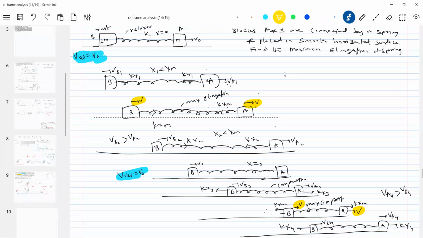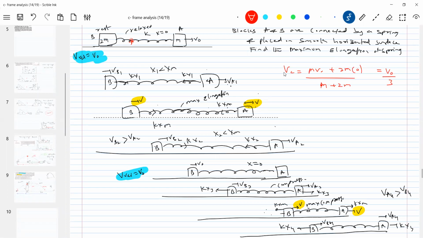Now let's calculate the center of mass. The center of mass will be somewhere here. So what is the velocity of the center of mass? It is (m v naught plus 2m times 0) divided by (m plus 2m). What is the velocity of the center of mass? V naught by 3.